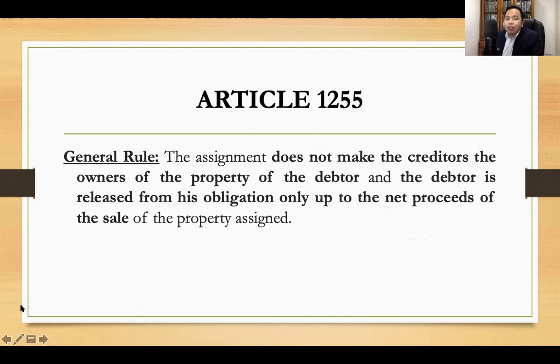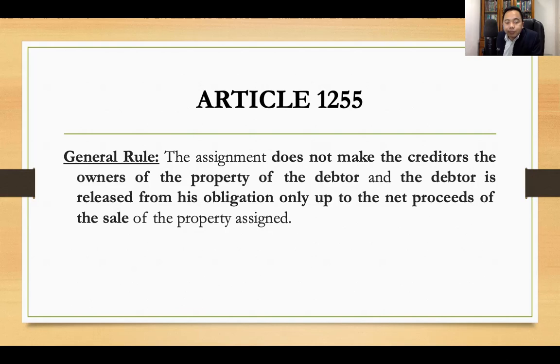Now, under Article 1255, as a general rule, the assignment or payment by cession does not make the creditors the owners of the property of the debtor, and the debtor is released from his obligation only up to the net proceeds of the sale of the property assigned.